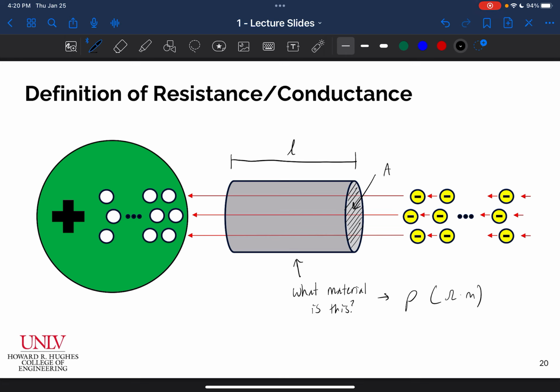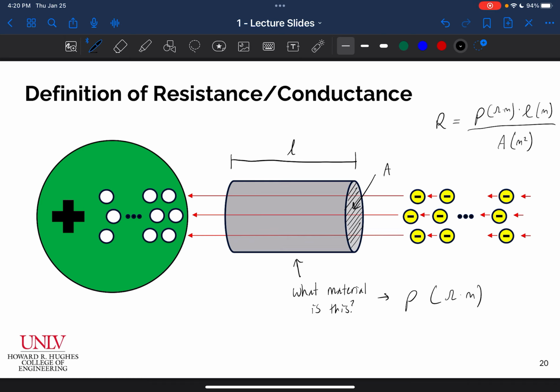If I wanted to find the resistance of this little chunk of wire, there's a simple equation for that. The resistance is equal to the resistivity in ohm meters multiplied by the length in meters divided by the cross-sectional area of that section of conductor, which would be given in meters squared.